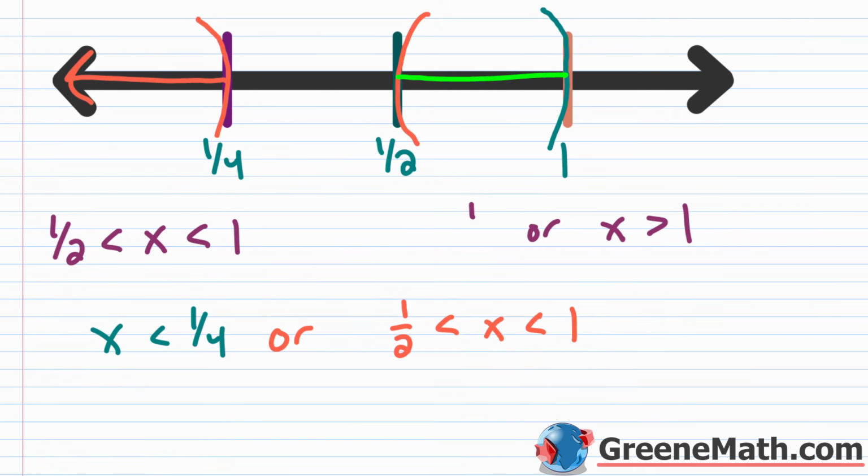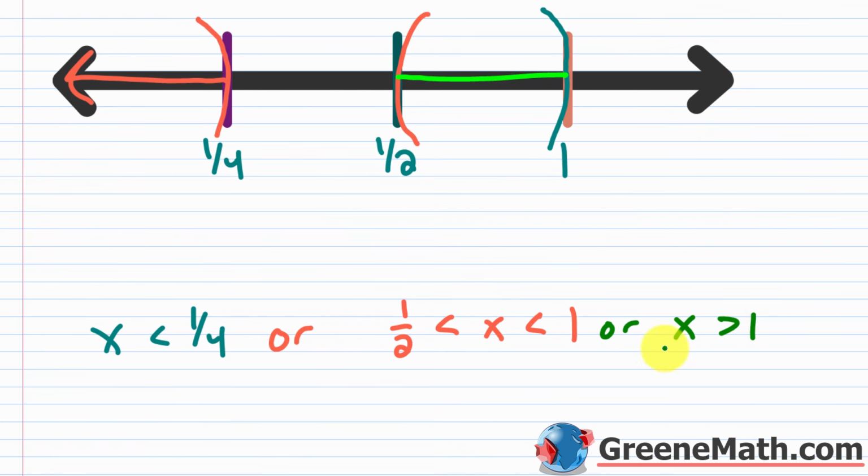Then you have this or. You have x is greater than 1. For that one, let me use a different color, maybe this red. I'm going to put a parenthesis facing to the right here, and then shade everything to the right. So 1 is excluded, and if you go back to your original rational expression, remember the denominator was x minus 1, and if x minus 1 is set equal to 0, you get a value of 1.